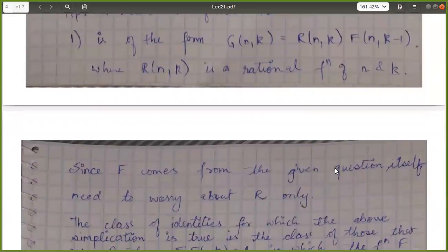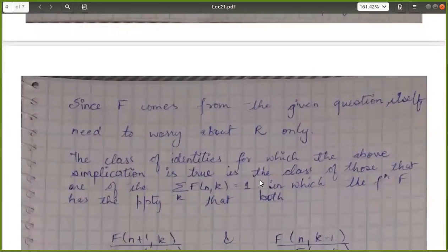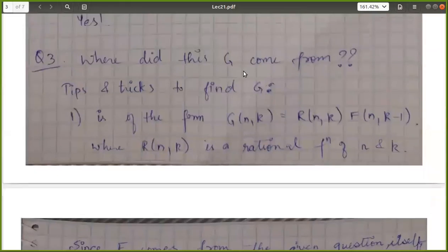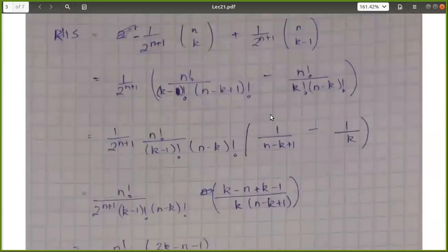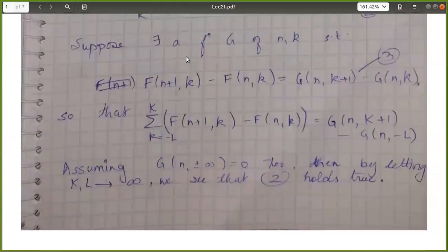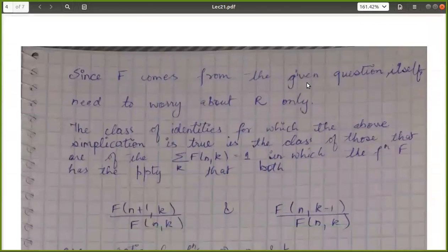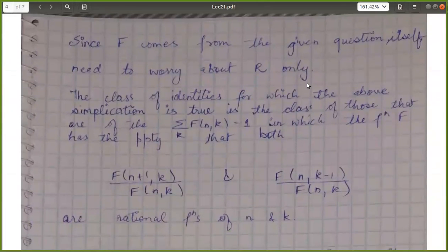Since F comes from the given question itself, we need not worry about F, so we worry only about the R. The class of identities for which the above simplification is true, which means this entire simplification of assuming that something vanishes and something turns out to be this, is true.